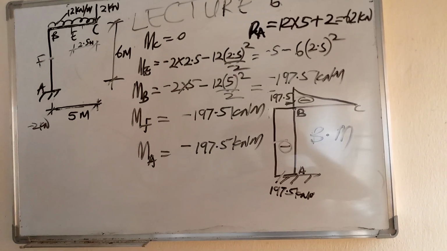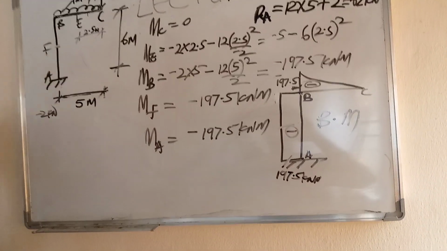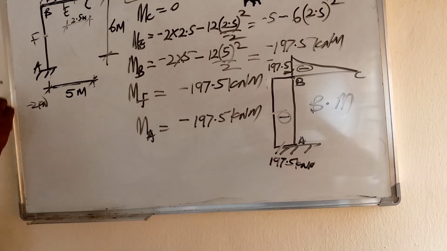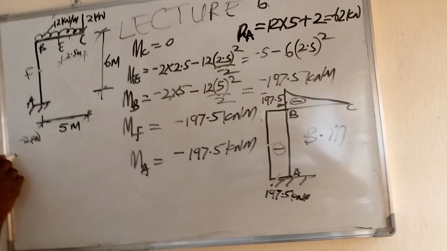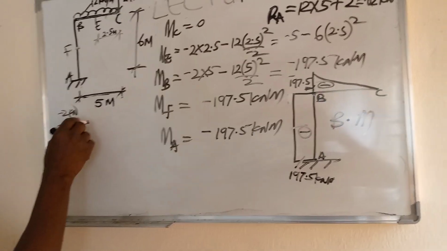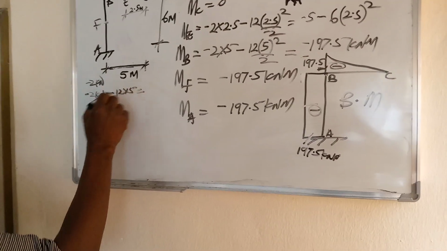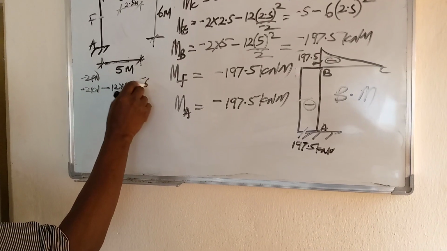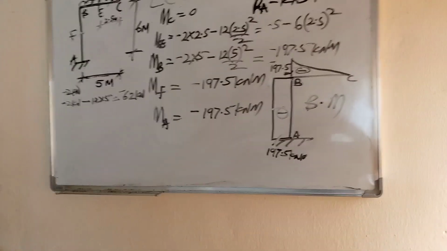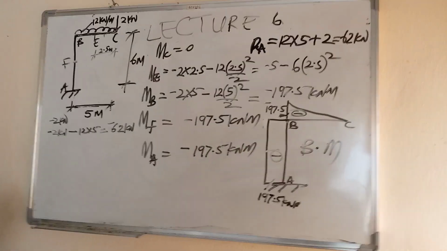That's shear force at C. The shear force at B is minus 2 kilonewton minus 12 times 5, which is equal to minus 62 kilonewton at B. And it was varying. At C it is minus 2.